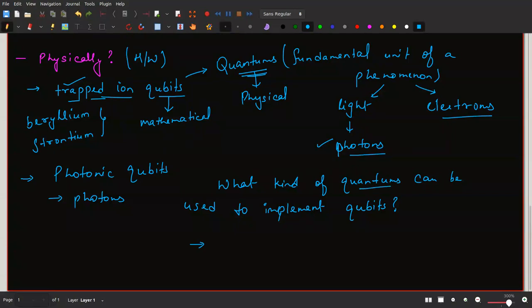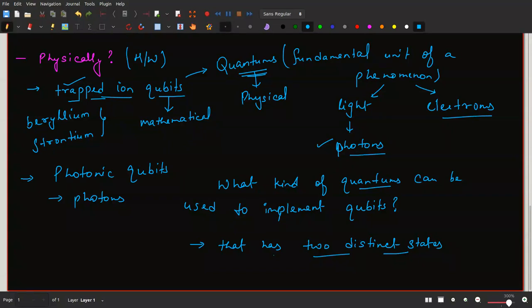that we are going to use that quantum that has two distinct states. This is the criteria that we have to keep in mind. Various quantums are there, but which ones can we use for implementing qubits?